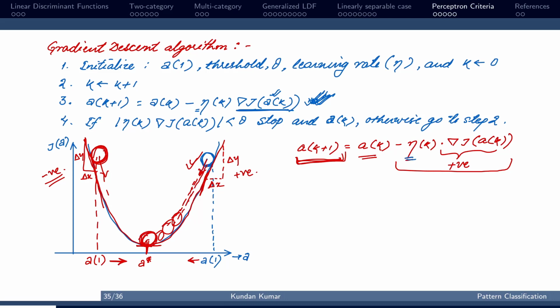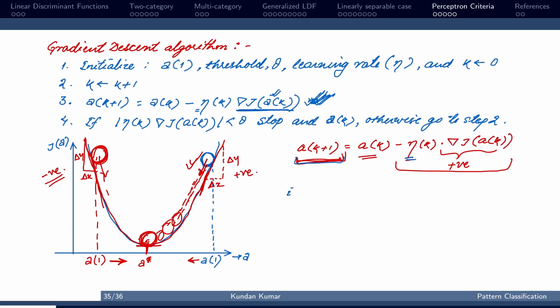Here eta plays a very important role in updating the weight. Basically eta defines how fast the weights are updating in consecutive iterations.